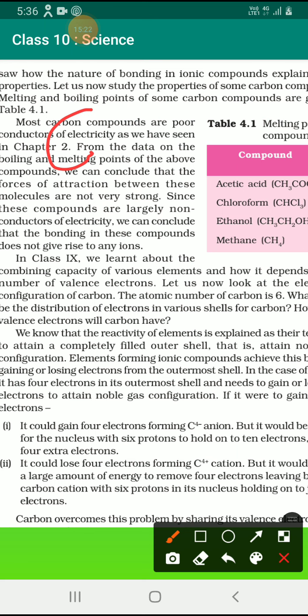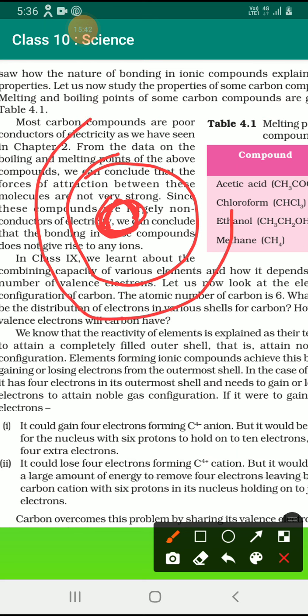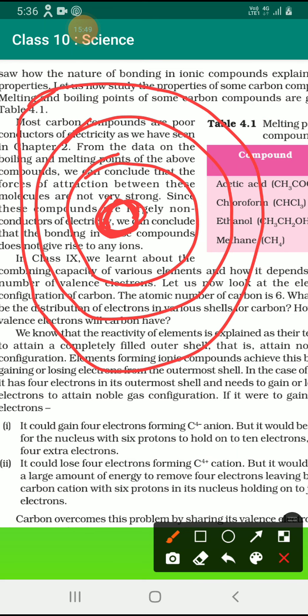Children, for example, there's a nucleus at the center, which consists of protons and neutrons, and it has shells. This is the first shell, this is the second shell, and this is the third shell. Let it be, I cannot draw very clearly here.